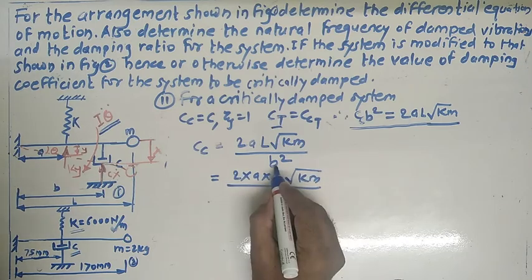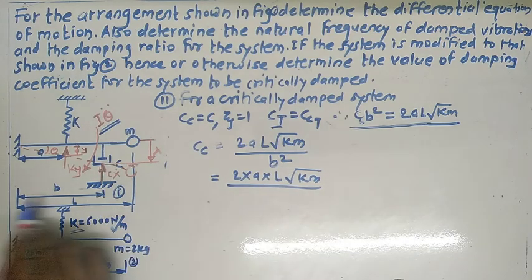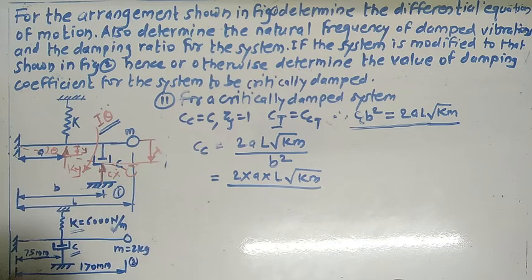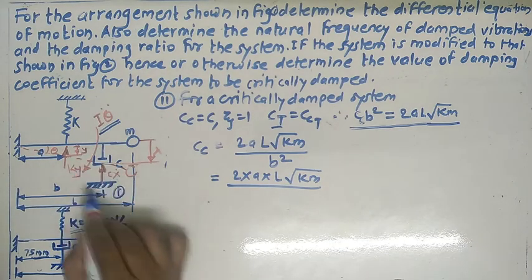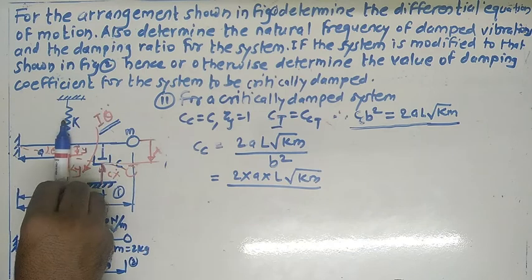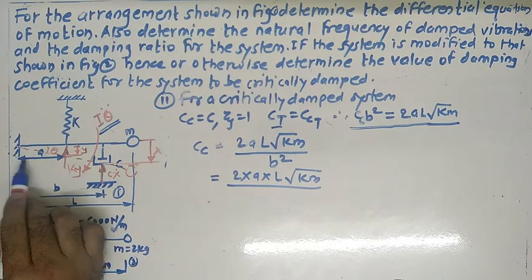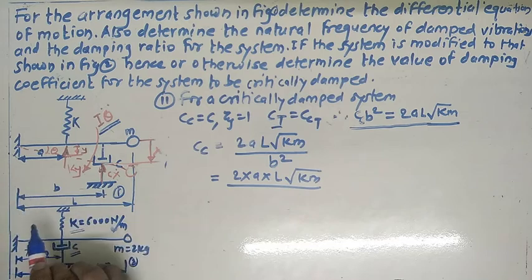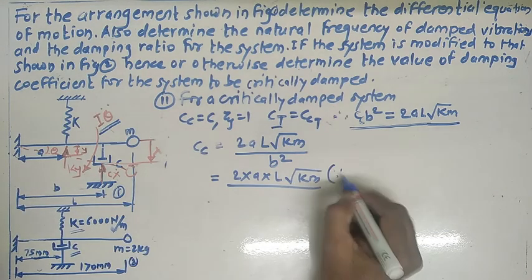The position of this damper is now changed to this position, so the a distance and b distance become the same, since a equals b.